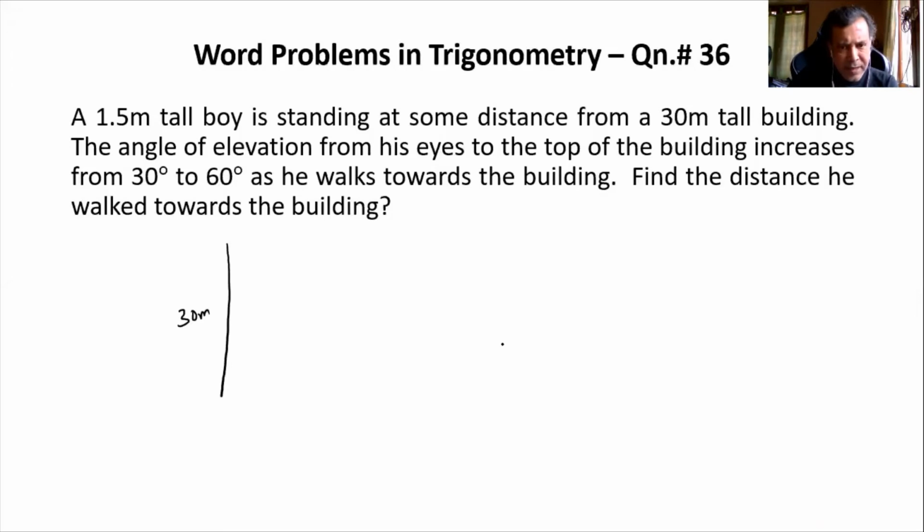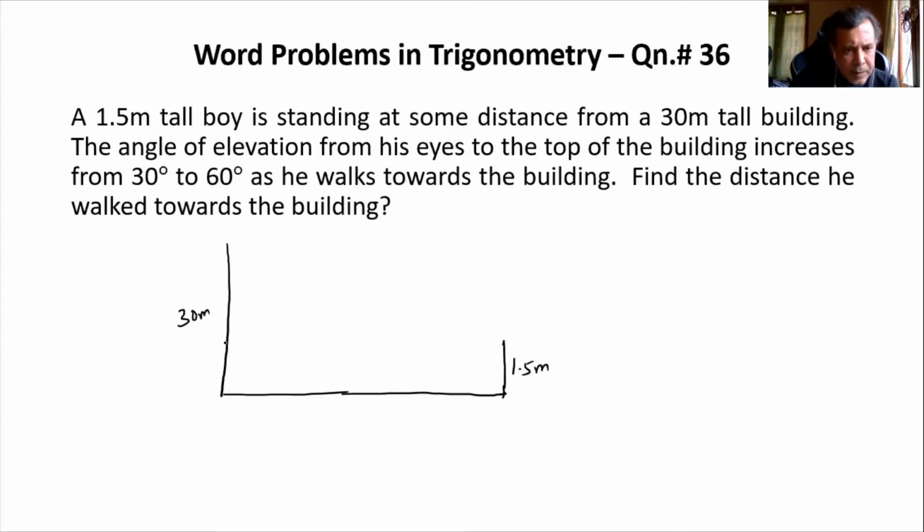So first somewhere here, let us say this is our person who is 1.5 meters. He has now started walking towards the building, standing at some distance from the 30-meter tall building.